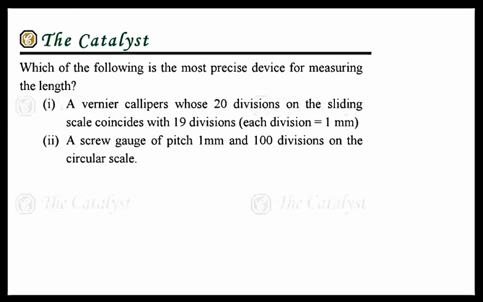Which of the following is the most precise device for measuring the length? A vernier calipers whose 20 divisions on the sliding scale, that is vernier scale, coincide with 19 divisions on the main scale. Right? Let us say this is your main scale, and 19 divisions.